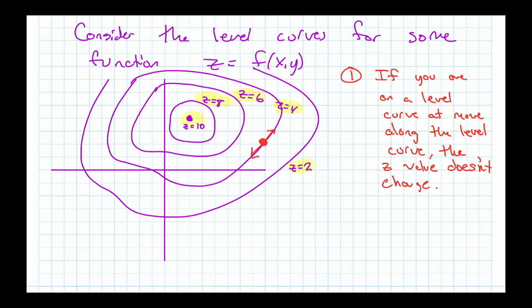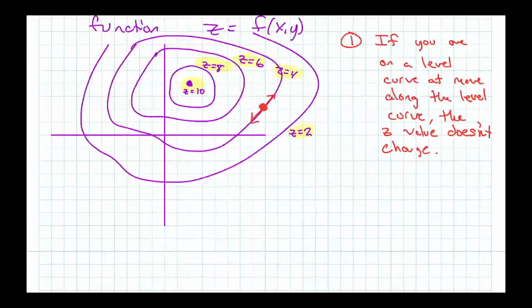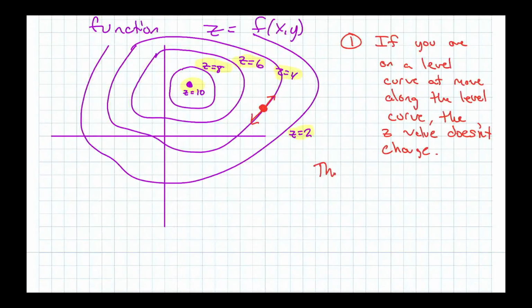Okay, what does that mean in terms of the directional derivative? The derivative is the slope, right? So if the function is not changing, then the slope is 0. So this means that the directional derivative at a point is 0 in the direction of the level curve.